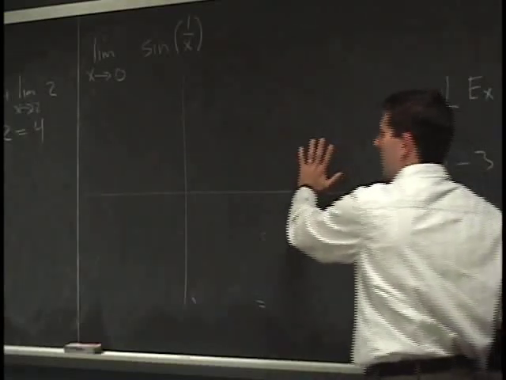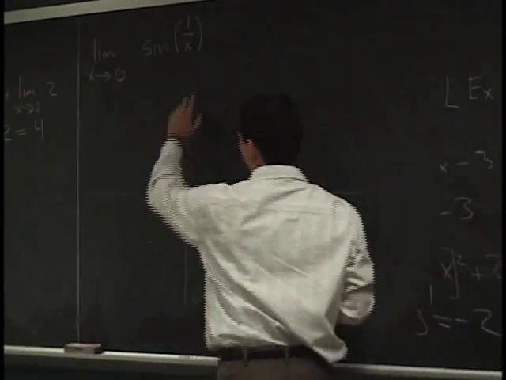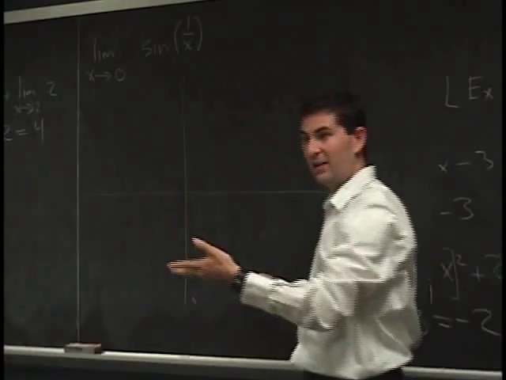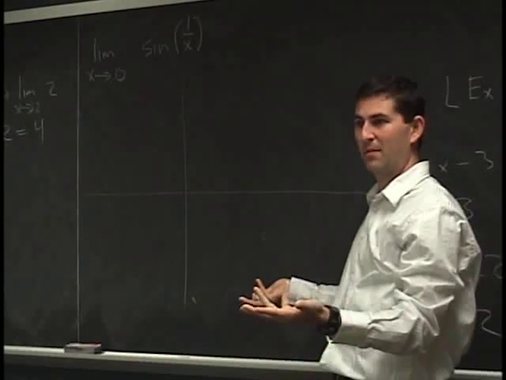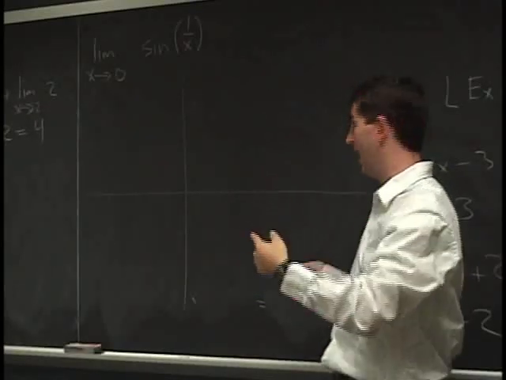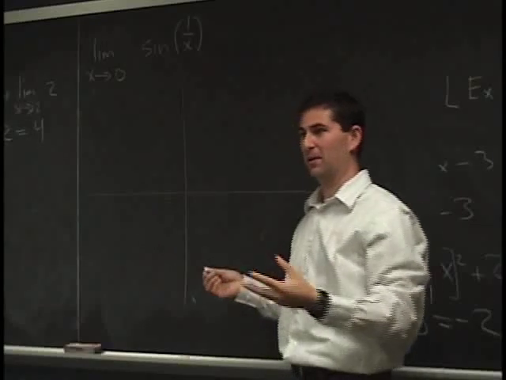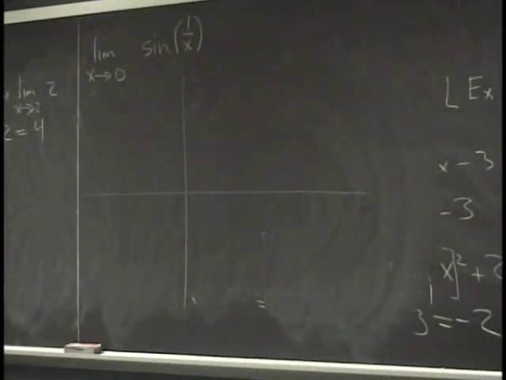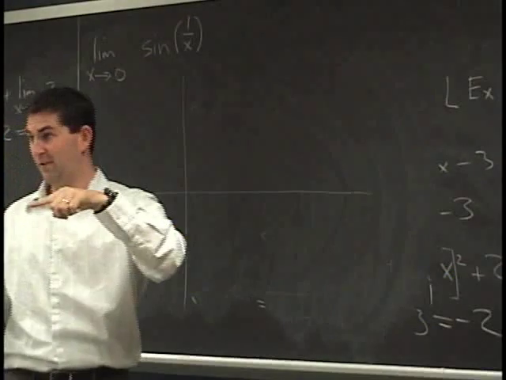Now let's see what happens as you get closer to 0. As you get closer to 0, this thing gets really, really big. Now what happens to sine of x as x gets really, really big? Well, let's start at 0. I have sine of 0, which is 0. Now I start moving, it goes up, then it goes down. I get over to 2 pi and then 0 again.